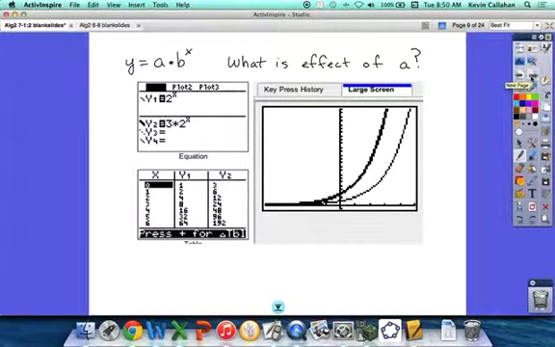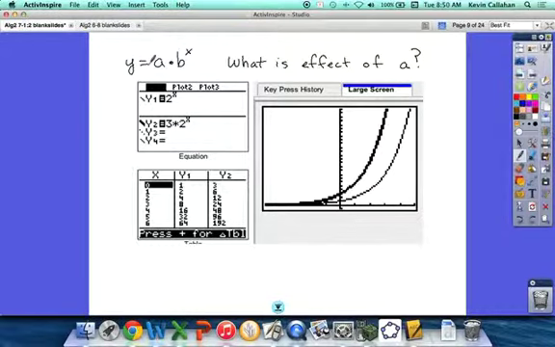Okay, so now what is the effect of that a? I did this already in the calculator just to show it. We don't have to plot points. For sketching purposes, we're just looking to understand what the general effect is. Just like we saw in the homework that we went over at the beginning, when you multiply a function by a constant, it either stretches the graph or compresses the graph.